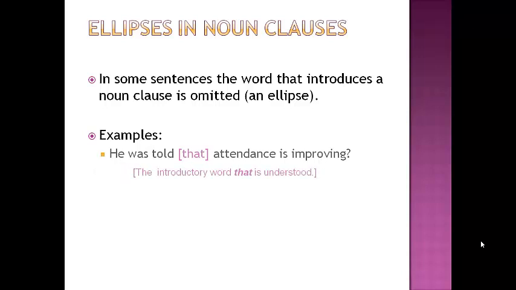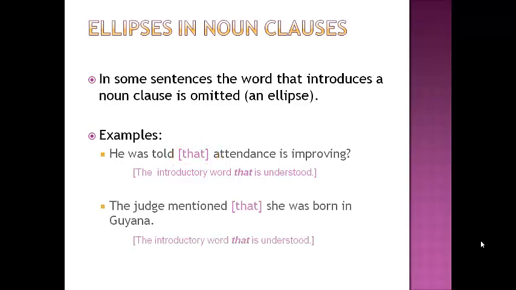Now our reader or our hearer understands that the word that would be there and it's understood, so the speaker doesn't use it. A second example, the judge mentioned she was born in Ghana. So our introductory word that here again is understood. These are considered to be ellipses. But this is just one word. This is just an ellipse.